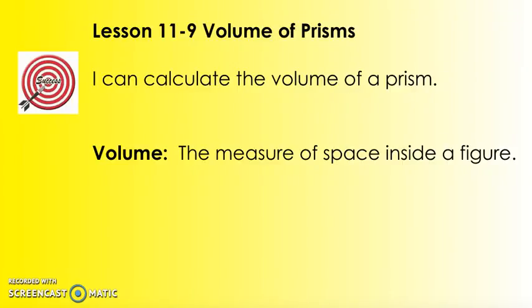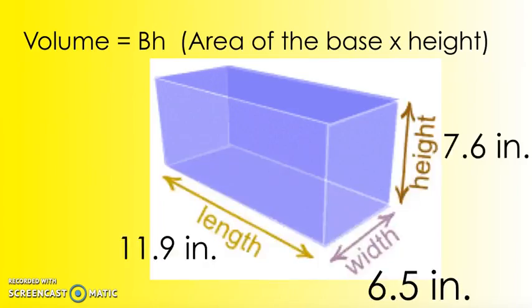First of all, let's talk about what volume is. Volume is the measure of space inside a three-dimensional figure. This is actually a rectangular prism. The reason why it's called a rectangular prism is because it's got rectangle bases.